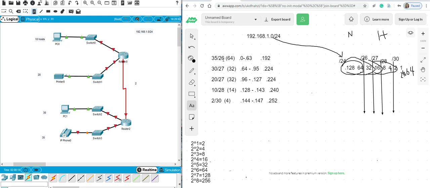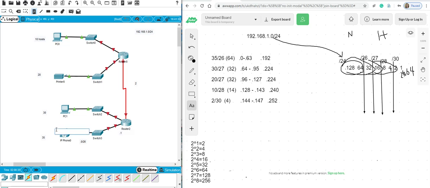So if you're looking at your 35, then that is going to be your .0 network. I would go ahead and do my slash notation, .0/26 network, because you're going to have a new mask. Then if you're using your first available address for your default gateway, that would be .1.